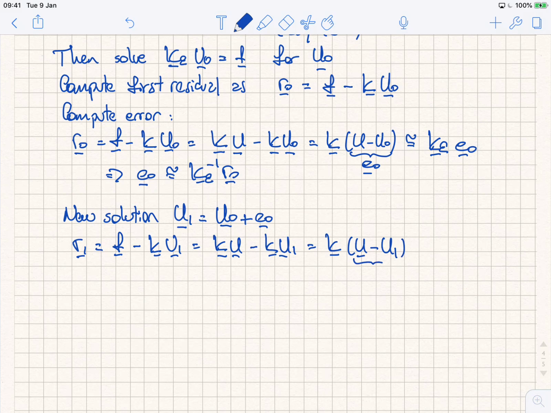This we define to be E1, so it's the second error, and then we solve for E1 because we said that this is approximately equal to K epsilon inverse R1. And once we have that, then we update our solution and we call our new solution U2, equal to U1 plus E1. Yeah, and so on.